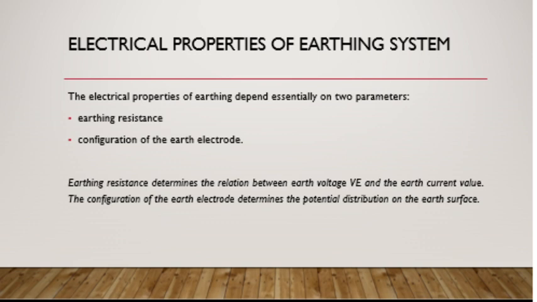The configuration of the earthing electrode also determines the potential distribution on the earth surface. The configuration of the earth electrode means whether you have a single rod structure dug inside the ground, a mat type structure, or a cage type structure.